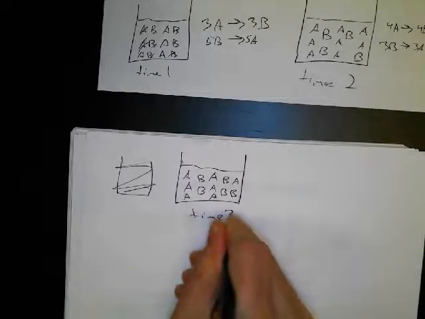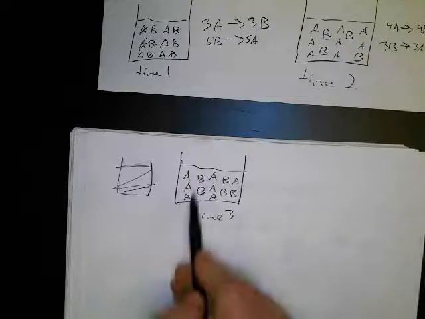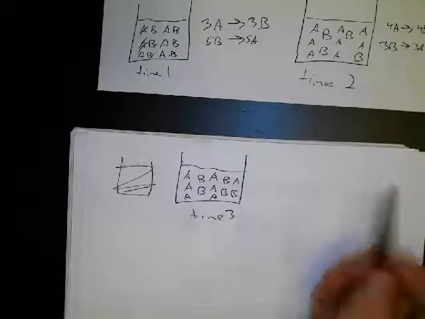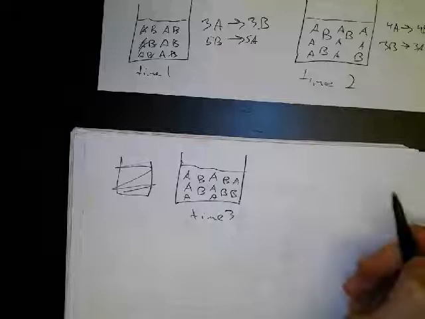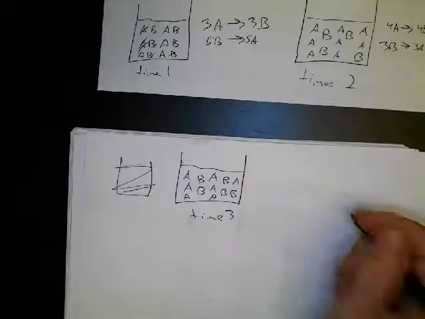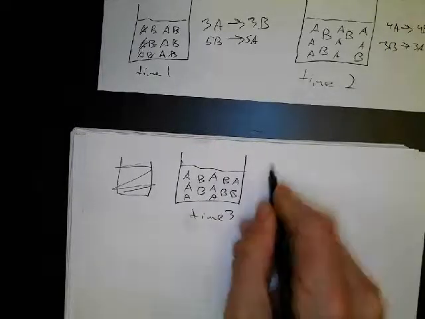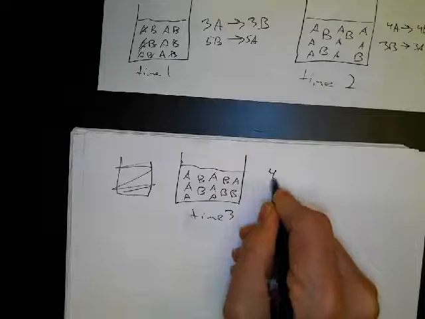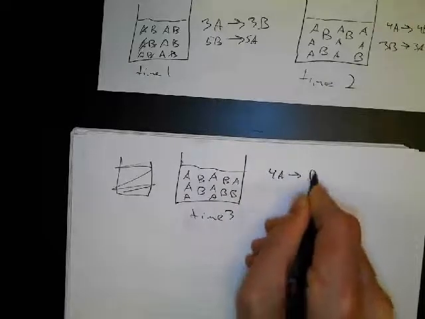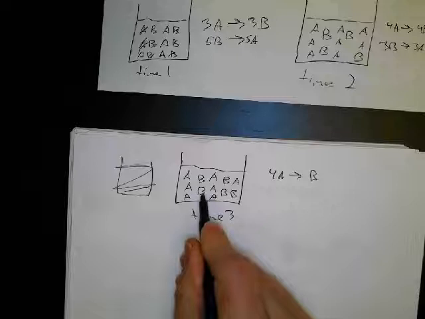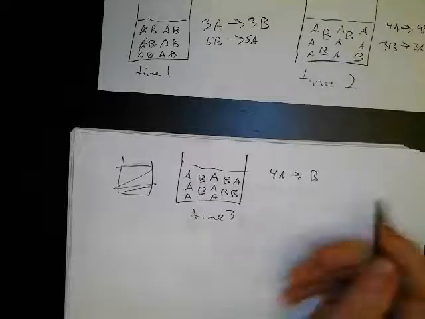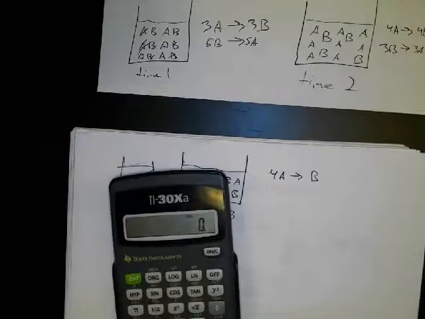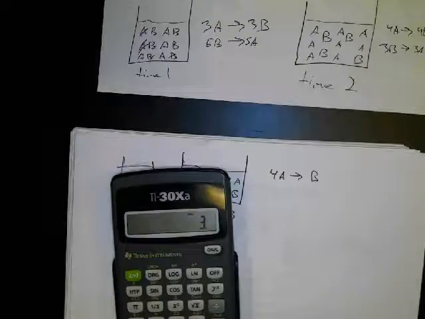Now, what's going to happen here? I have 7 A's. If I take half of those, they are going to turn forward into B's. So half of 7 would be 3.5. I'll round it up to 4. So maybe 4 A's turn into B's. And of my B's, 1, 2, 3, 4, 5, I'm going to take 3/4. So 3 times 5 divided by 4, 3.75.